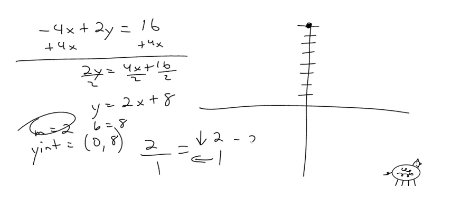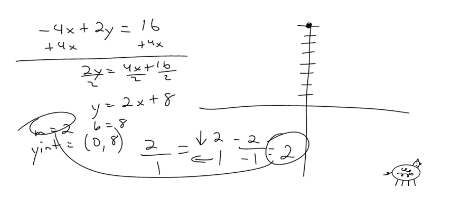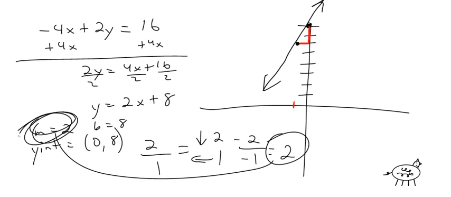Because it's like saying negative 2 over negative 1, which is the same thing as positive 2. Okay, so I can actually go down 2 and to the left 1. And then I sketch my line. So I push my point, and I sketch the line. And again, I know that I got it right because my slope was positive, and there's a positive slope.